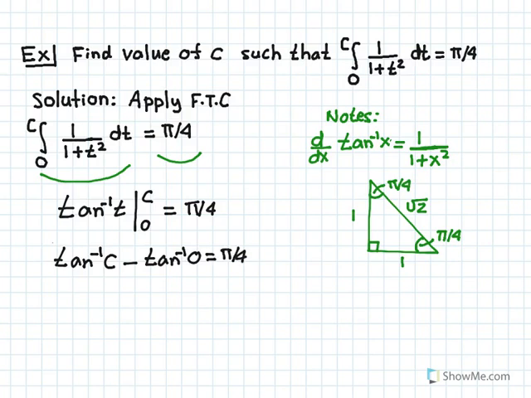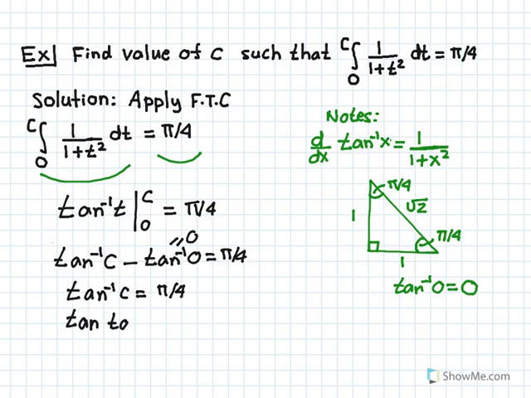What is tan inverse of 0? Tan inverse of 0 is saying what is the angle whose tangent is 0? Clearly that is 0. So what we get is tan inverse of c is equal to pi over 4. Now we need to solve for c, so let's take tangent of both sides. We get tangent of tan inverse of c is equal to tangent of pi over 4.